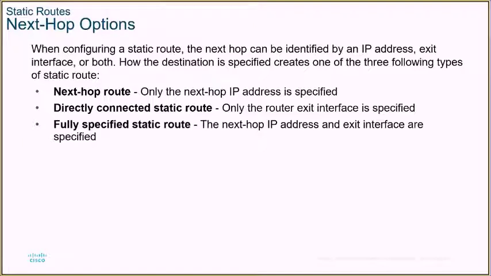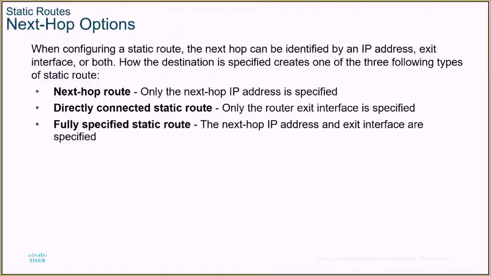Now, using the exit interface alone is actually quicker, but it will not work on every network. If you've got a multi-access network, that route will not work. Because if your next hop is an Ethernet network with quite possibly multiple routers, you actually need to tell it exactly which router it needs to go to.